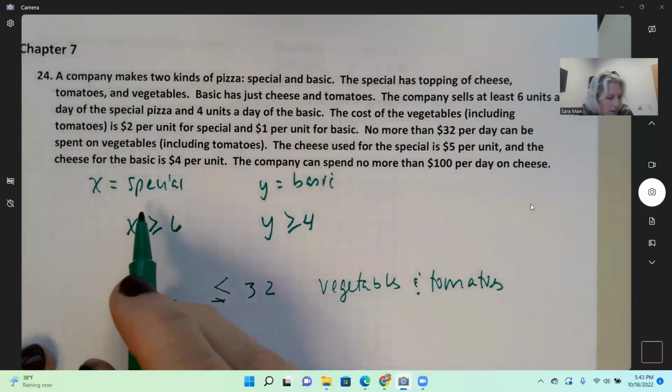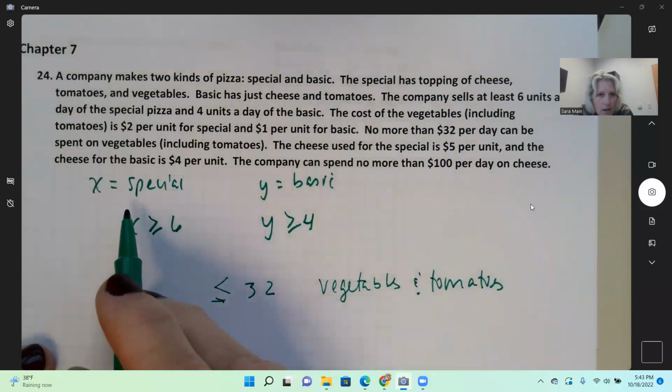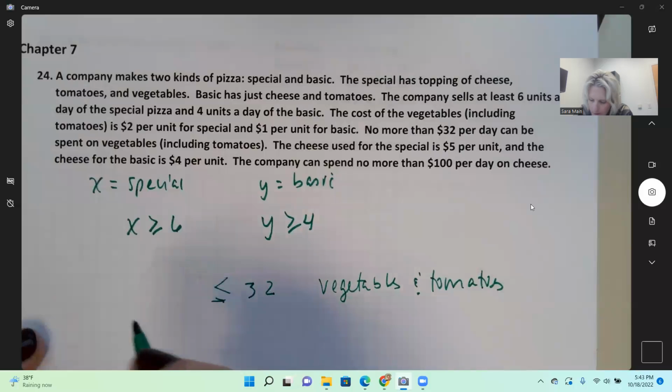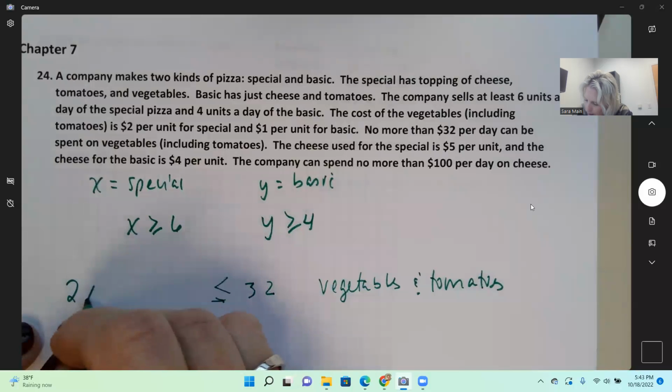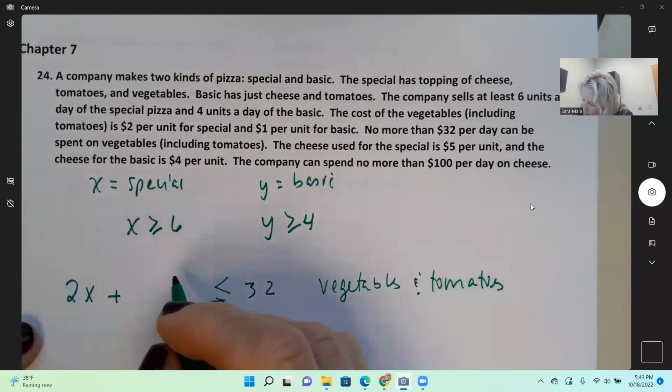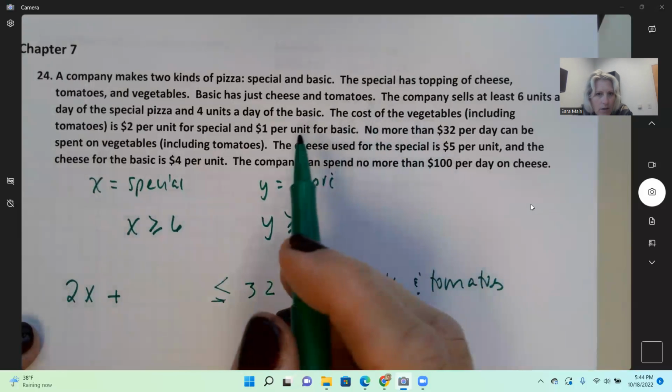So the special pizza is limited to 2x plus 1 unit of the basic.